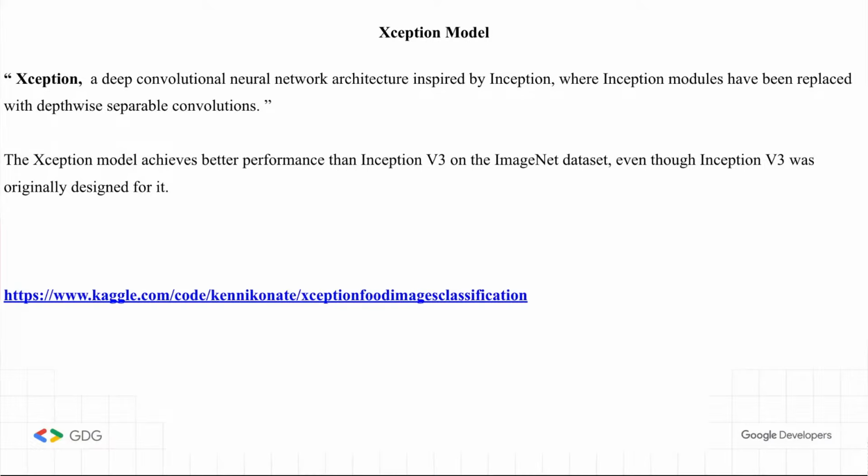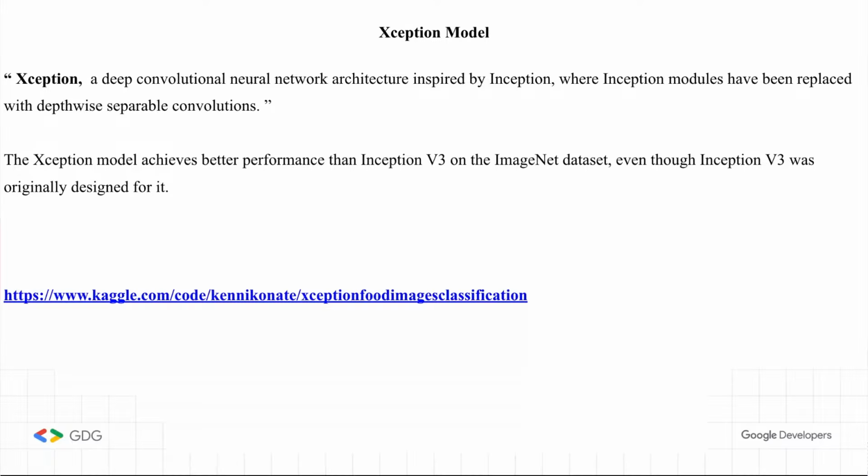The model that we are going to use here as a transfer learning model is the Xception model, which is a deep convolutional neural network architecture inspired by Inception, where Inception modules have been replaced with depth-wise separable convolutions.